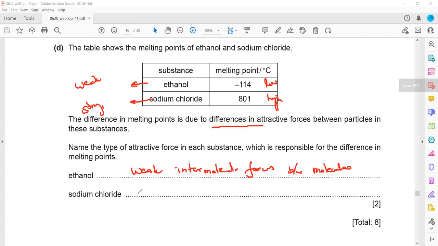And sodium chloride is an ionic compound, so there is strong electrostatic attraction between the ions. This part is related to bonding and structure. So this was about the organic chemistry question from the October-November 2020 paper.